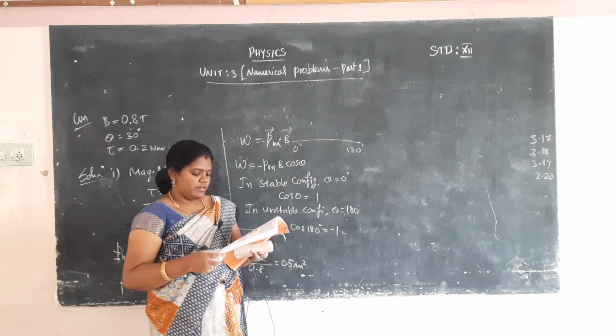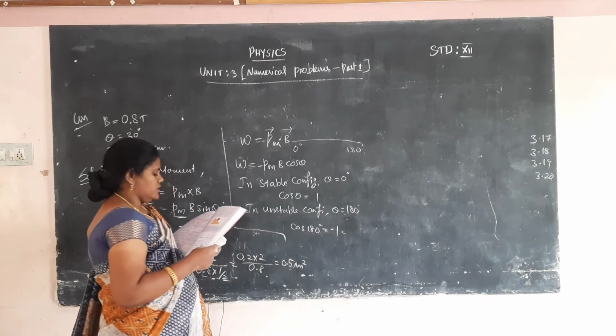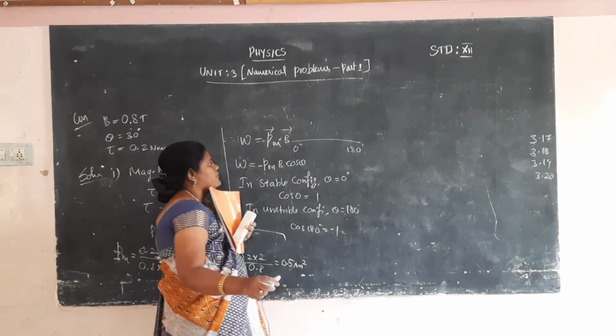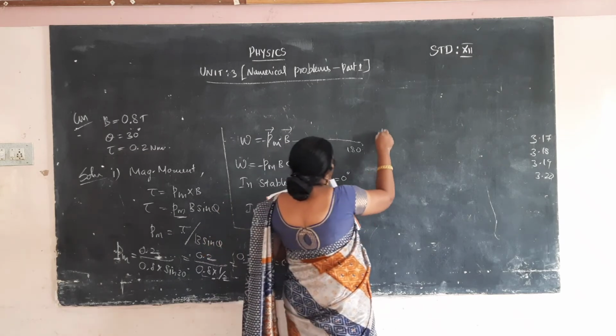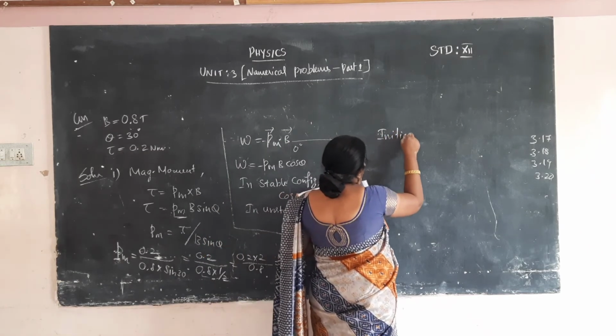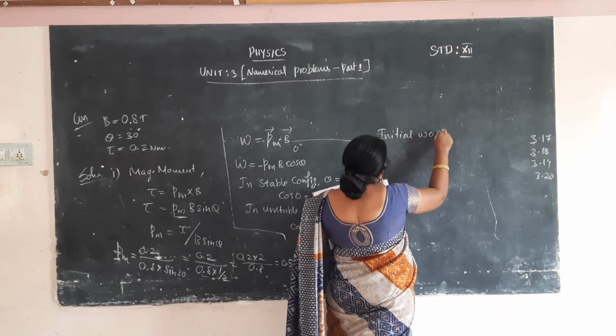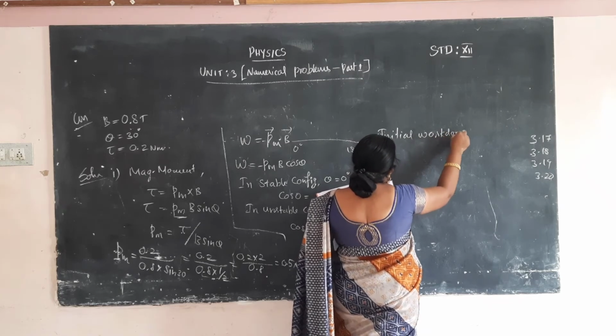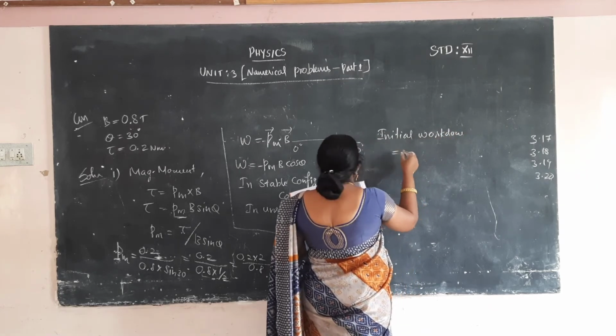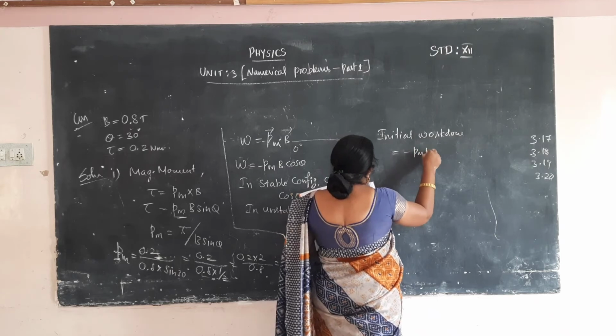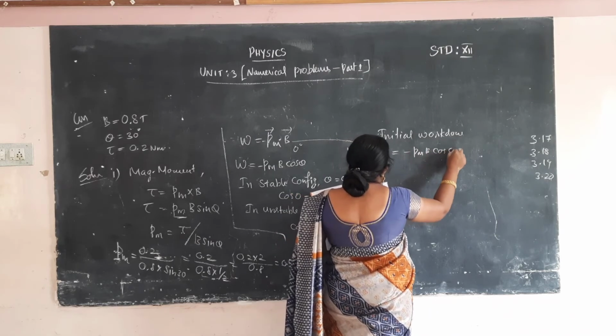Initial work done is equal to minus PMB cos 0.